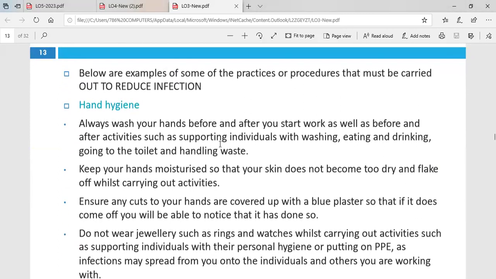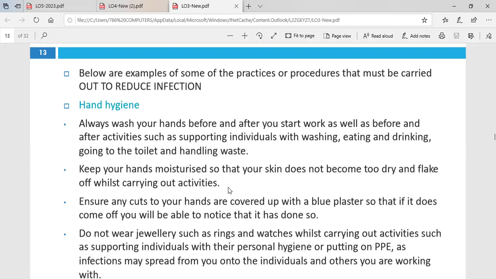So hand hygiene: wash your hands before and after you start any work. So you're keeping this as a practice. You're washing when eating and drinking, going to the toilet, handling waste. Always wash your hands before eating and drinking and after eating and drinking. Going to the toilet, you do it after. Handling waste, you do it after.